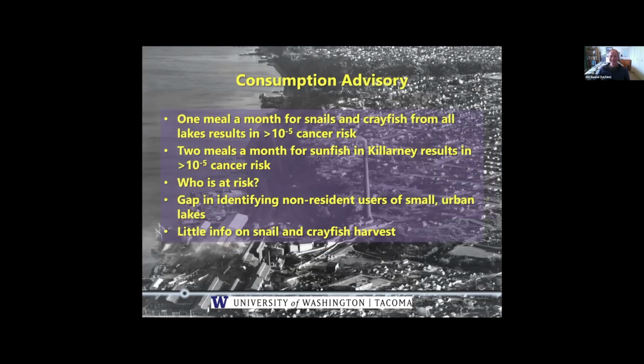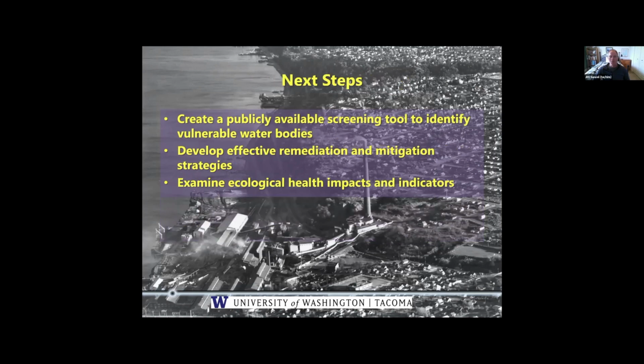Although delayed dealing with COVID-19, the Department of Health is considering issuing a consumption advisory for Lake Killarney fish harvest. Even 2 meals a month of fish caught in Lake Killarney would result in a high enough cancer risk to concern the agency. Snails and crayfish have the highest concentrations of arsenic, but it's assumed that fewer people actually harvest these organisms, although we don't know.